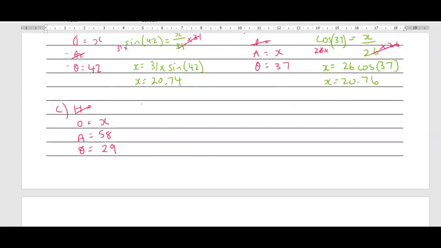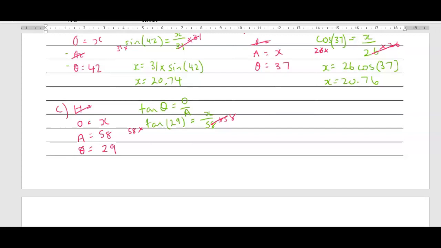All right, so we're using tan. If you're unsure, remember SOHCAHTOA, or you can go up and look at the diagram above. Okay, so tan 29, opposite is x, and adjacent is 58. So we're solving for x, so multiply both sides by 58.